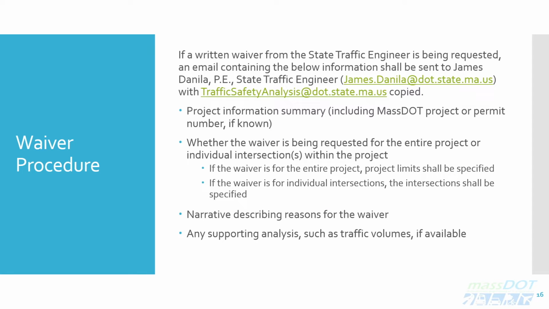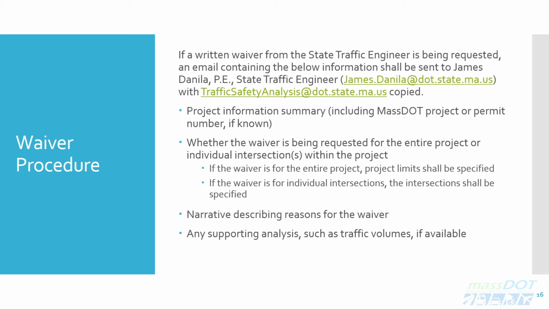If a written waiver for the project or a specific intersection is being requested, an email shall be sent to the state traffic engineer and the traffic safety group with the following: a summary of project information, including the MassDOT project or permit number, if known. Describe if the waiver request is for a specific intersection or the entire project.